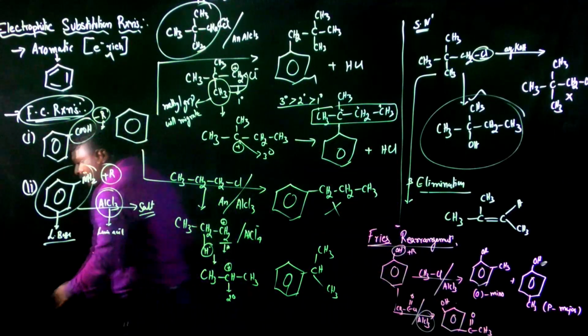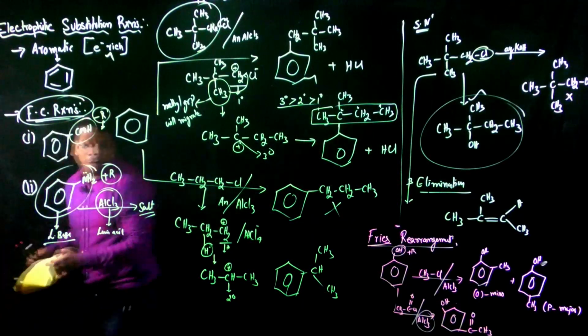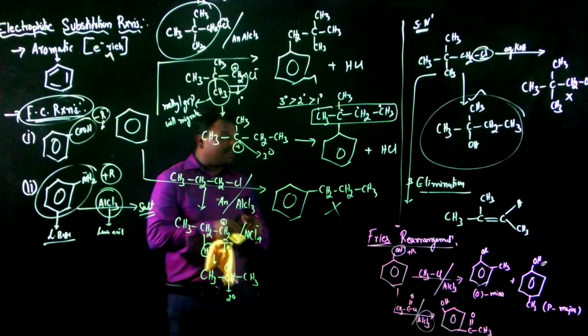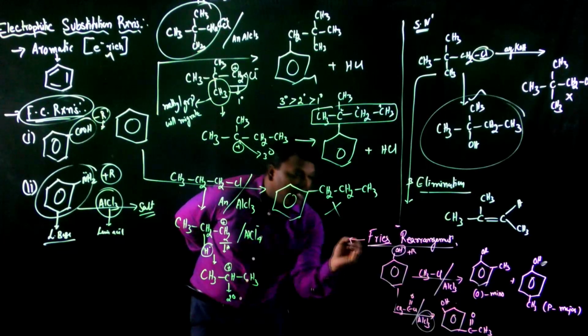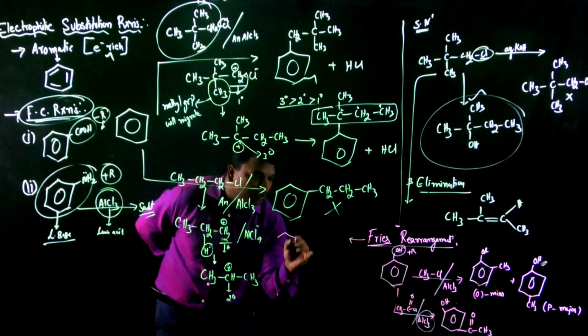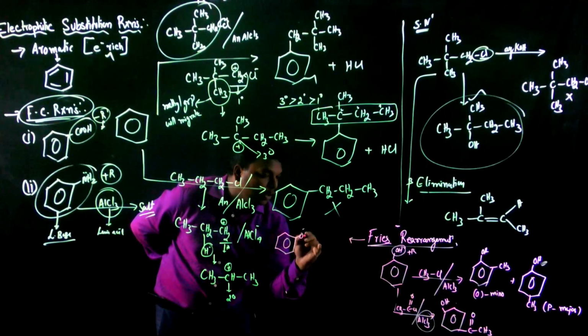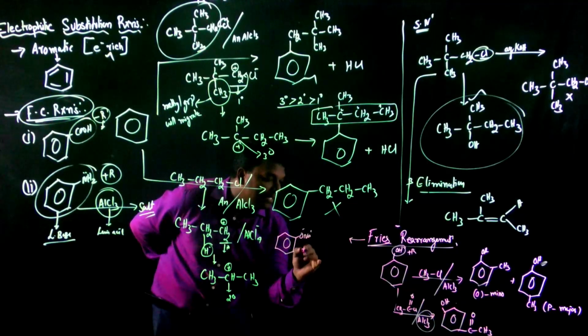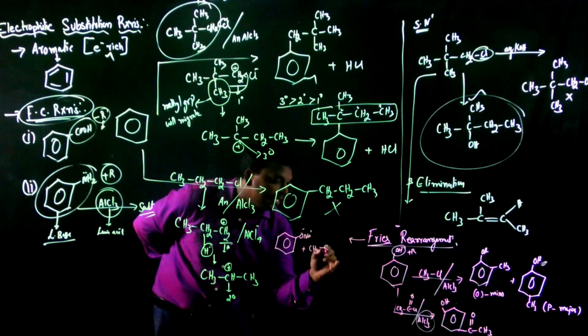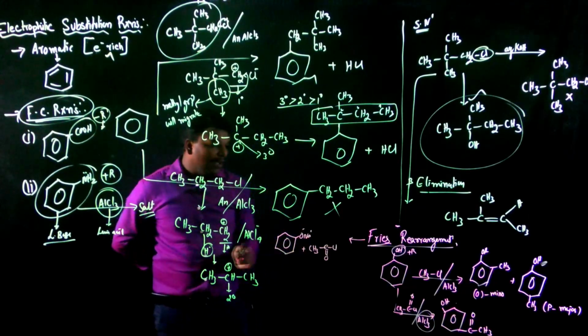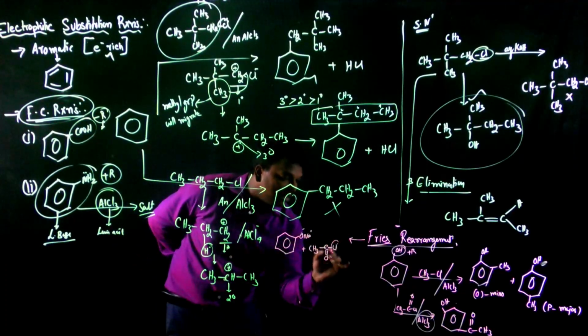Now what we are going to discuss is Fries rearrangement, and you have to know what that is. You know what is the Schotten-Baumann reaction. I'll take sodium phenoxide ion and treat with CH3C=OCl. You know it is an esterification reaction where this O minus is going to substitute this Cl minus.